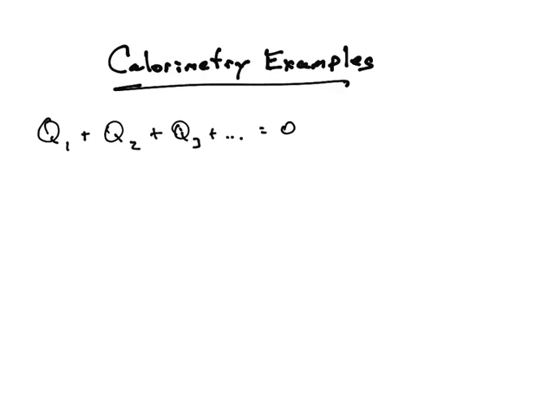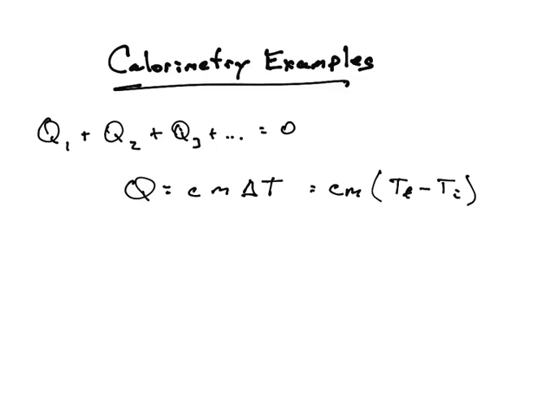Now, in order to use this, of course, we need to be able to figure out how much energy is gained or lost for each piece. And to do that, we use Q equals Cm delta T, or Cm times final minus initial temperature. Where C is called the specific heat, that tells you what kind of material you're working with.